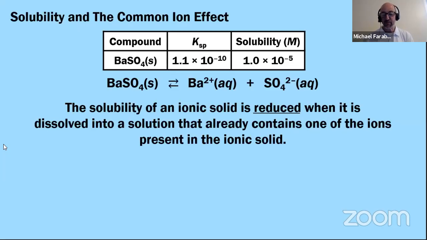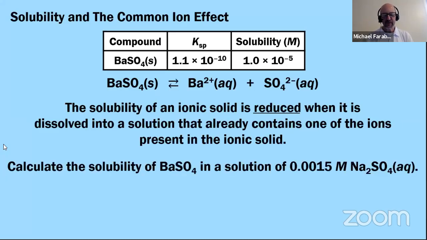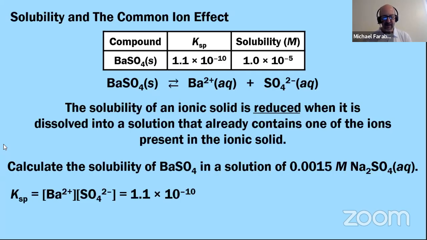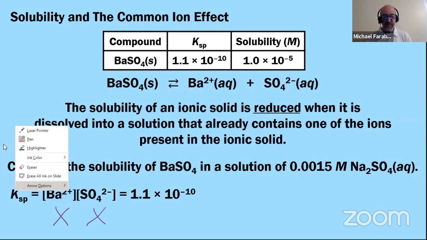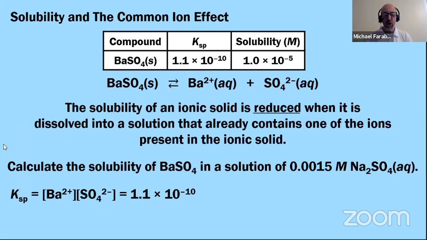So if there is already barium, or if there is already sulfate in a solution, and then we try to dissolve some barium sulfate in that solution, we should have a lower solubility than it would be in pure water. So to go ahead and do this, I'm going to write my Ksp expression, but I am not going to write X and X. What I'm going to do instead is put the concentration of sulfate that we already know, which is 0.015, into my Ksp expression.